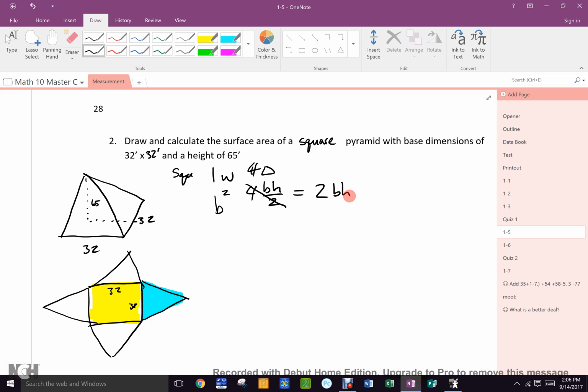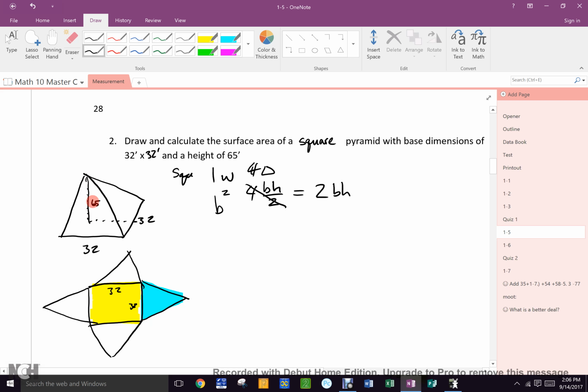Okay. Now here's where it gets tricky. Read the question again, and it says the height of the pyramid is 65. Where do you measure height? From the very top to the base. Through the middle or down the side? Through the middle. So this 65 is going right down the middle.